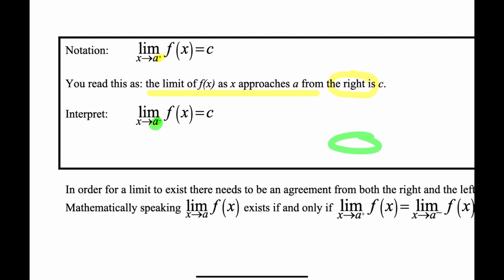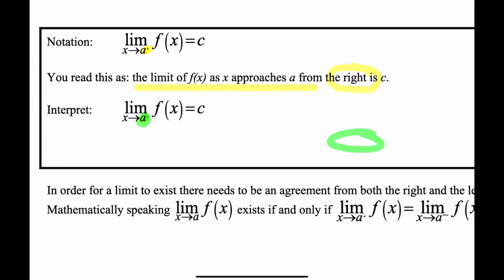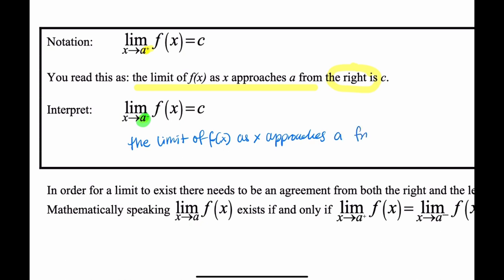So I'm going to write that in as my interpretation for my second limit. I would say that the limit of f of x as x approaches a, but this time from the left, is c.